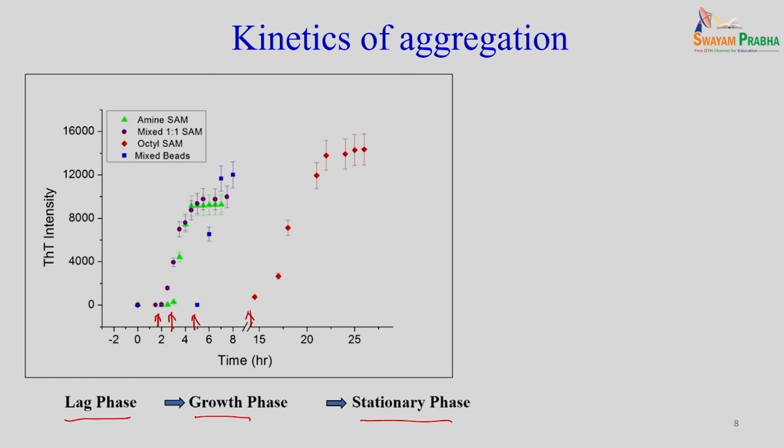This kind of aggregation kinetics we call nucleation controlled aggregation of a protein, or nucleation dependent aggregation. What we are seeing here is that amine SAM has a lag time of about, let us say, 3 hours, octyl has a lag time of about 12 or 13 hours.